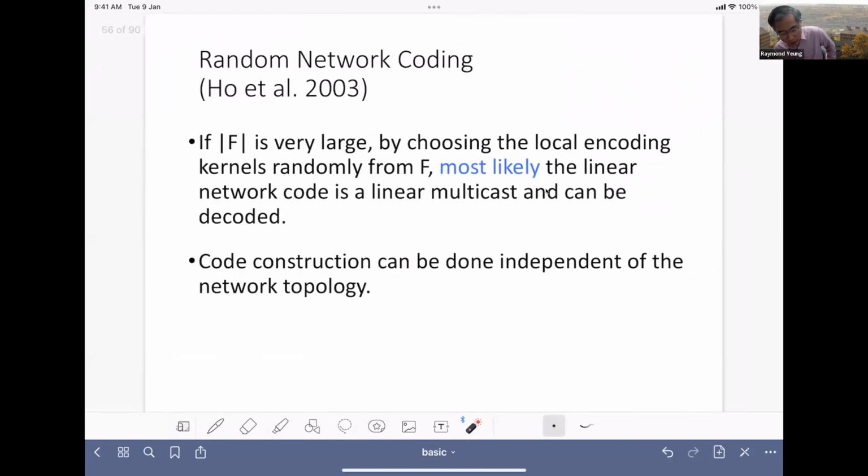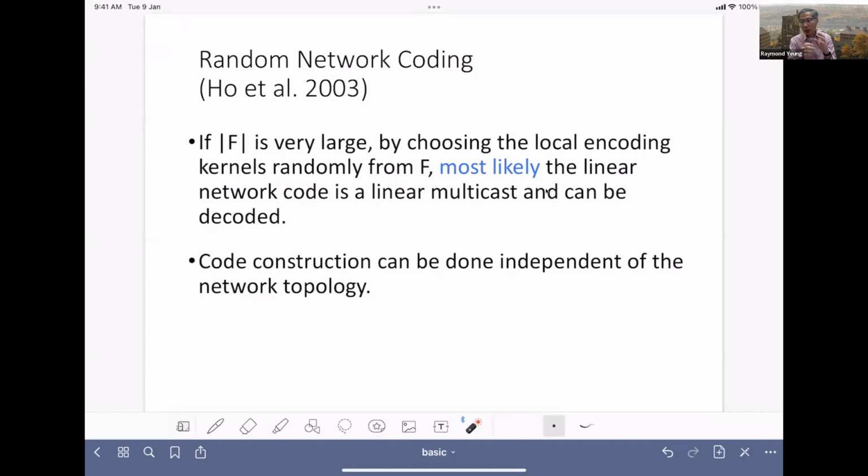Before I talk about that, I just want to mention that if you choose a very large finite field F, and choose the local encoding coefficients randomly from the finite field, then most likely the linear network code is a linear multicast, which can be decoded. The good thing about random linear network coding is that you don't need to know the network topology ahead of time.